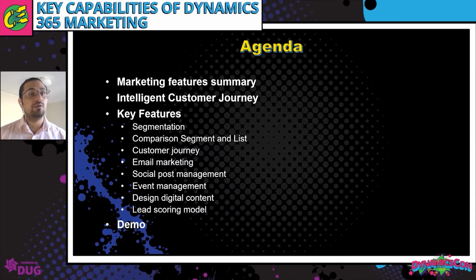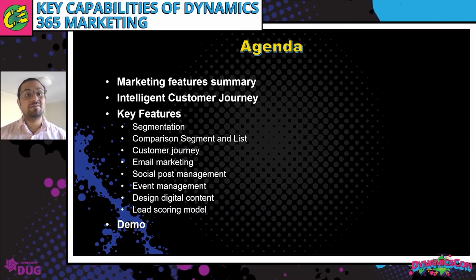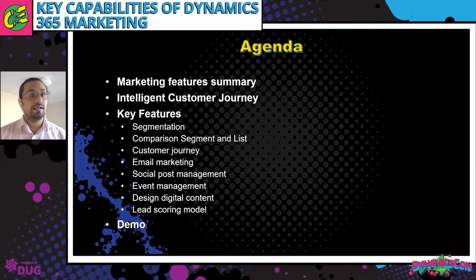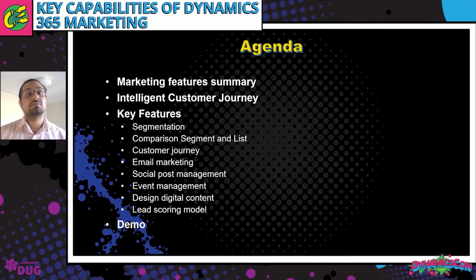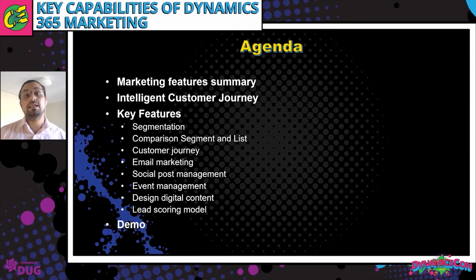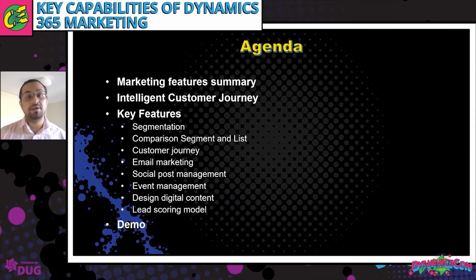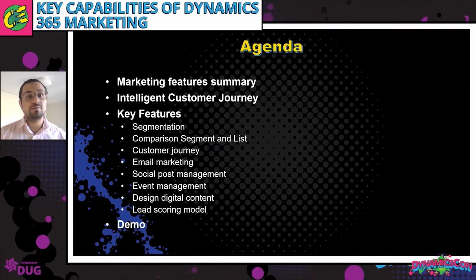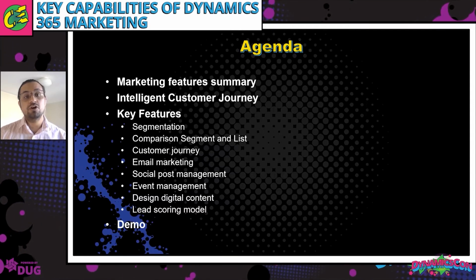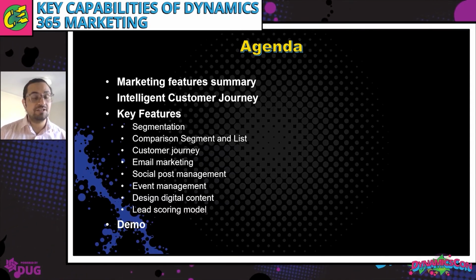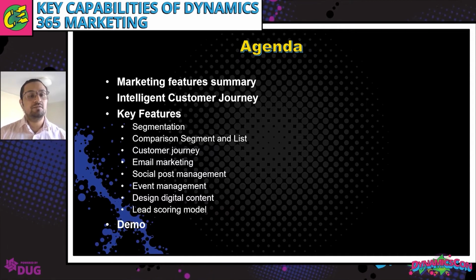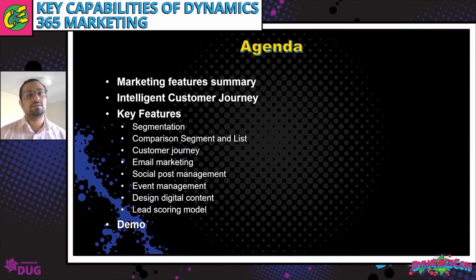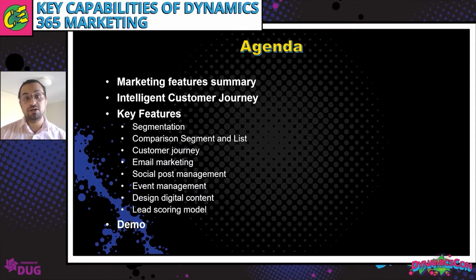We'll give a quick overview of a couple of great features we have in marketing, like segmentation, a comparison between segment and marketing list. What is a customer journey? What is meant by email marketing? And there are various templates we have. Social media post management, and we'll talk in detail about what event management is, how you can manage an event like DynamicsCon, and more about the dynamic design of your digital content.